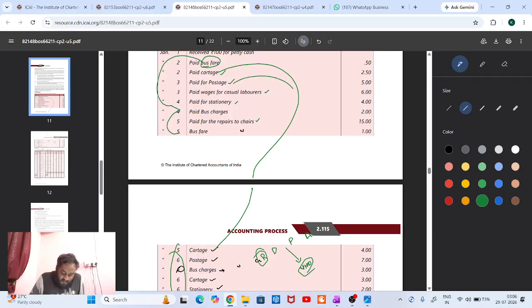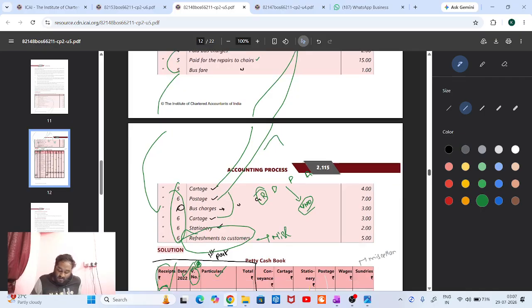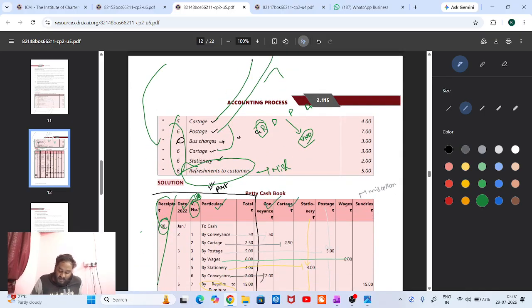Postage comes here. Wages. Again bus charges come here and here. Cartage again. Stationery is out there. Refreshments for the customer, this is miscellaneous. So basically, write horizontally all the accounts.